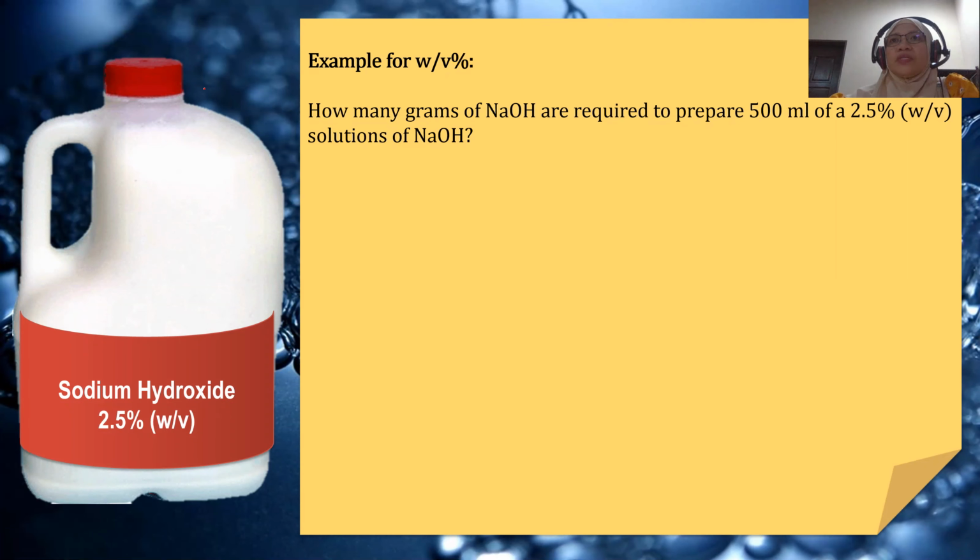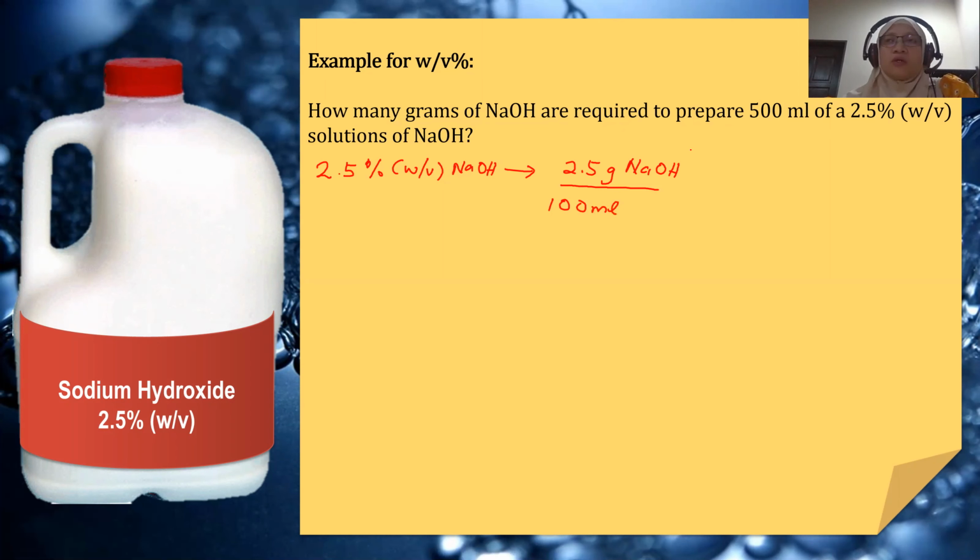First let's redefine the percent solution. 2.5% weight per volume solution of NaOH means 2.5 gram of sodium hydroxide is present in every 100 ml of solution of the chemical.